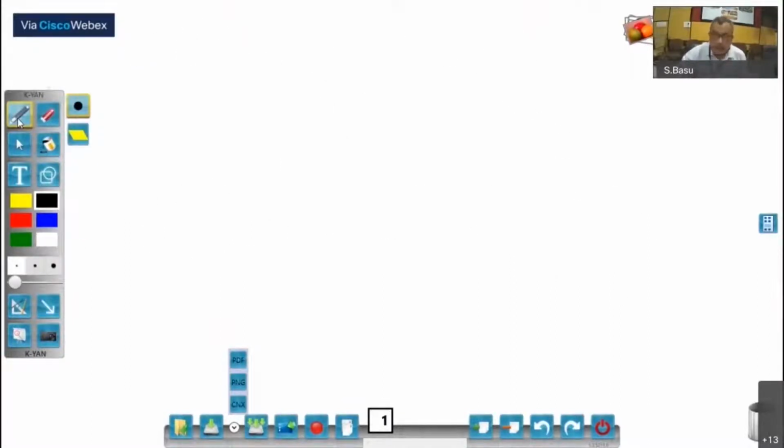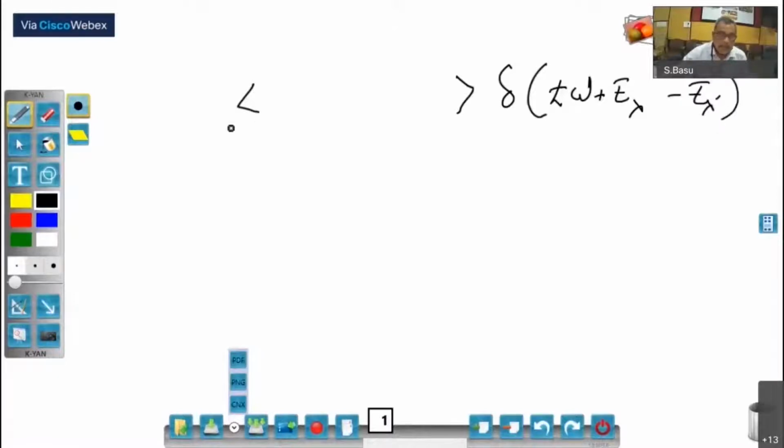So I introduced you to this term under the delta function, and I wrote down an integral form of the delta function.